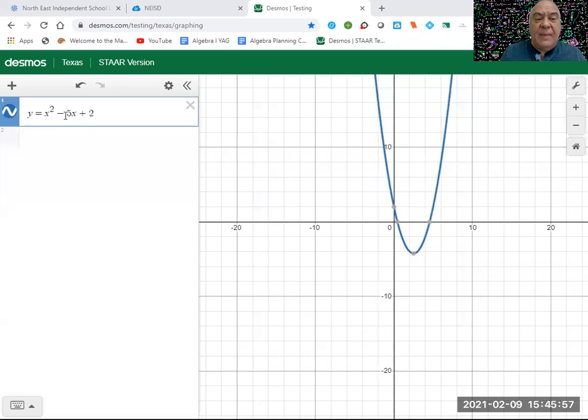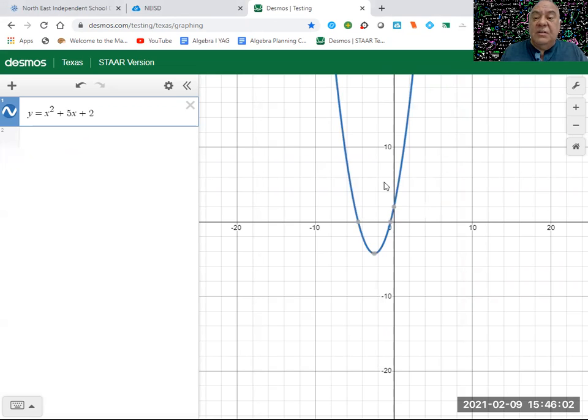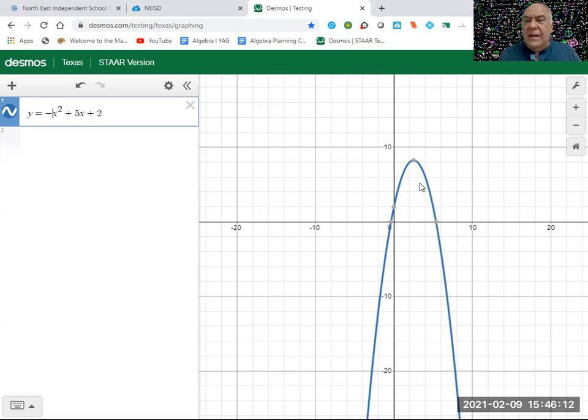If I make this positive, it shifts it to the left. Now, what if I put a negative sign in front of here? Now it turned it upside down, and we knew it would do that. The y-intercept is plus 2, which it says right there, at 0, 2. But now, when you make this middle term positive, it moves it to the right, whereas when it was facing in the upward direction, it moves it to the left.